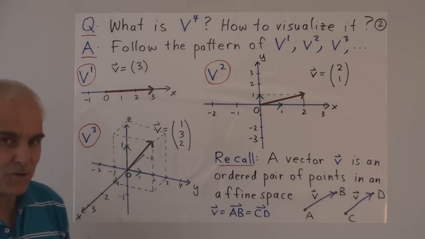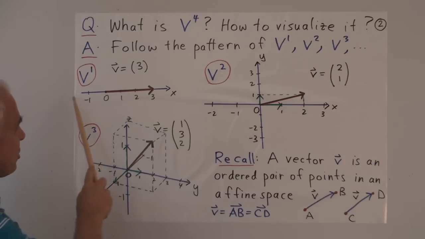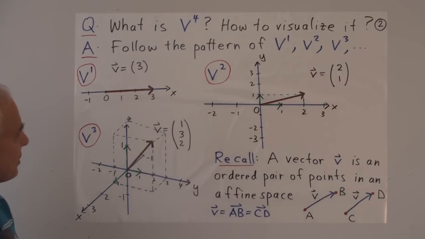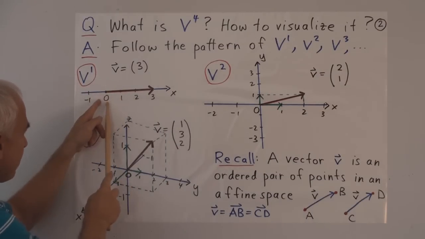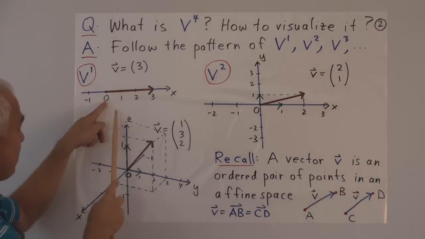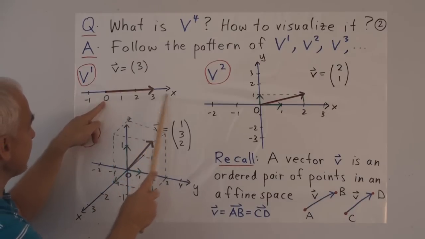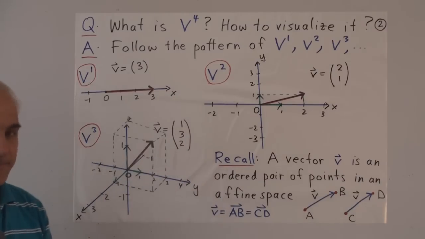Let me remind you, one-dimensional space is just a line, and we can give coordinates to a line. Rather arbitrarily, we can assign a central point, an origin 0, and we can lay out equally spaced points giving a coordinate system on that line.